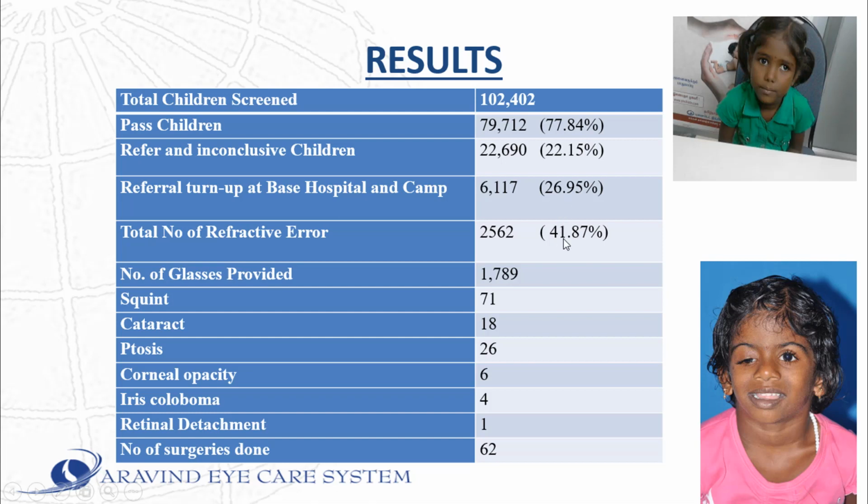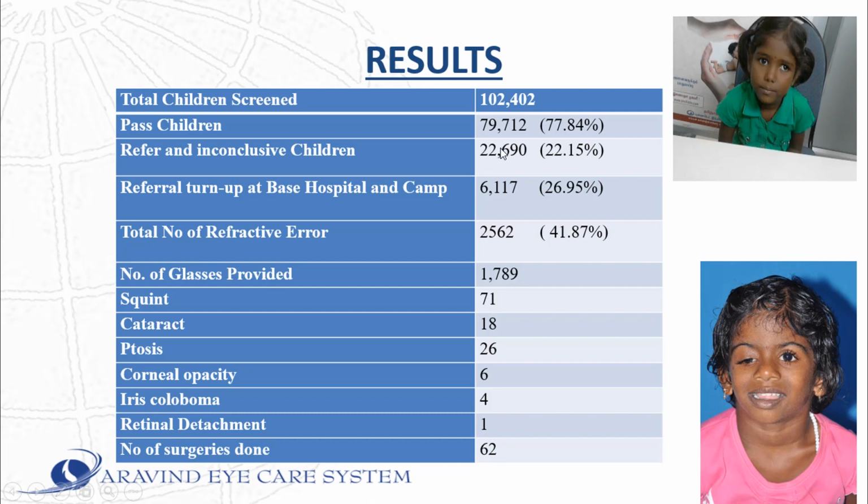In that, we could identify 41.87 refractive error, and glasses were provided for 1,789. And we could find almost 18 cataracts, 71 squints, 26 ptosis, and even 1 retinoblastoma. So totally 62 surgeries we did among the children.